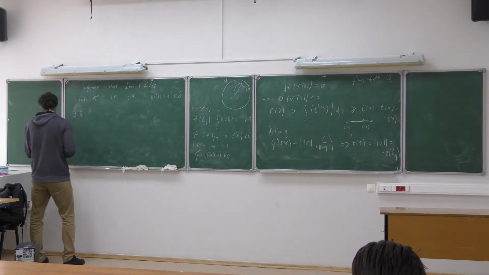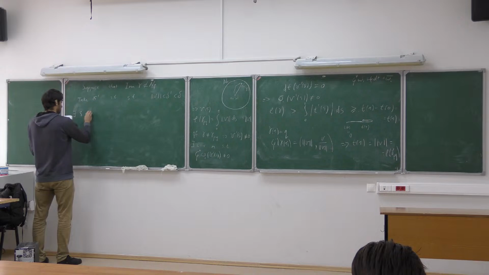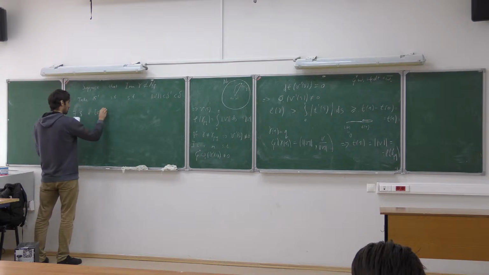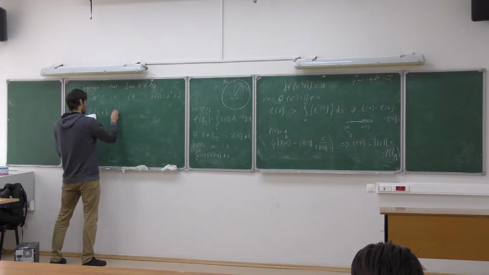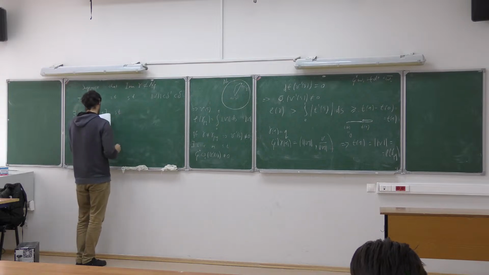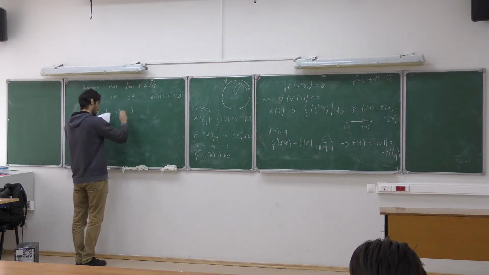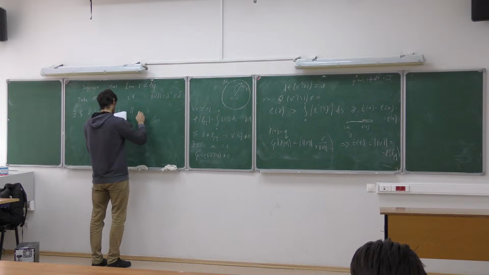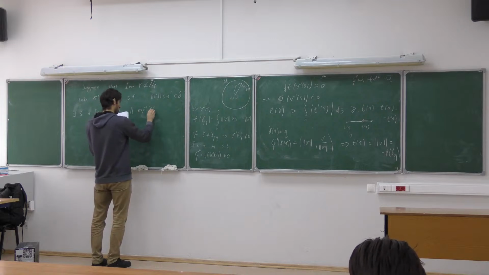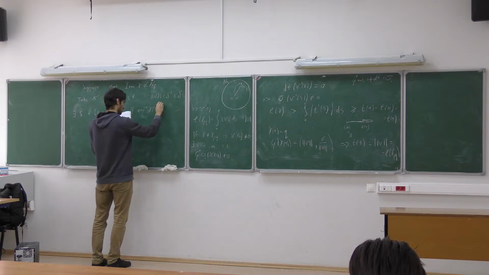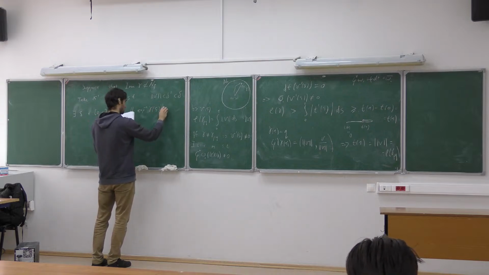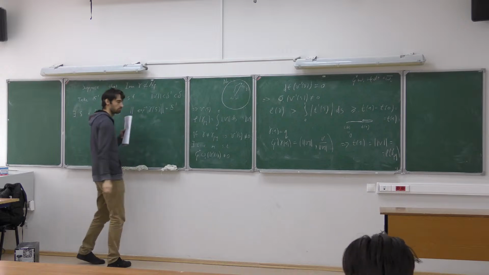So there exists some S such that the norm of exp inverse of gamma of S is equal to delta prime.